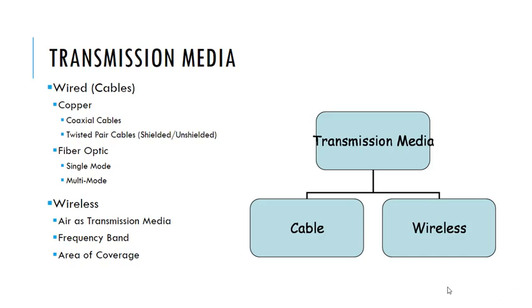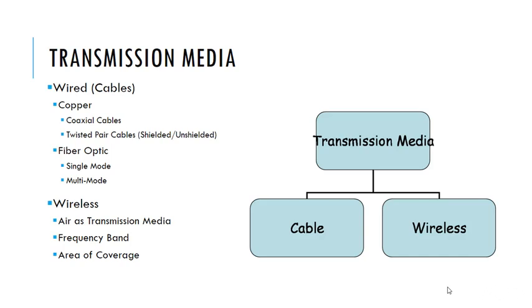Fiber optic cables do not transmit electricity, they transmit light. Light moves in fiber optic cables in the form of single mode or multi-mode light. The difference between single mode and multi-mode is in the capacity and the speed of the cable.